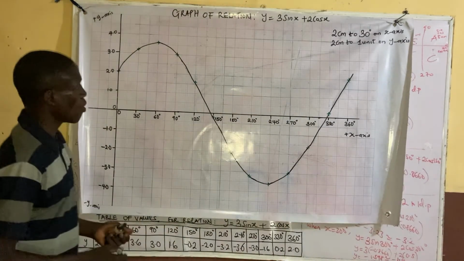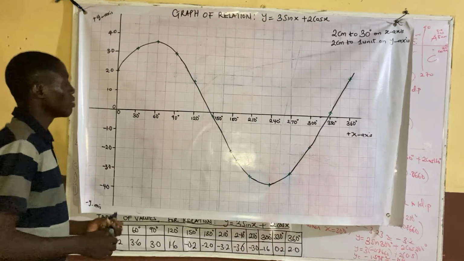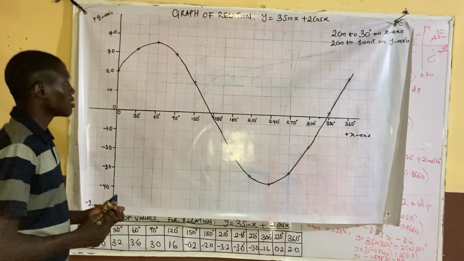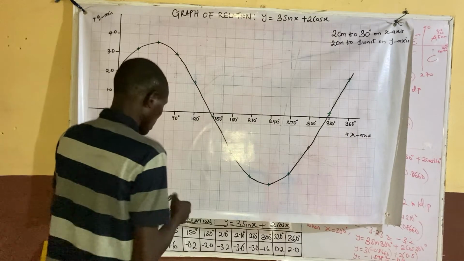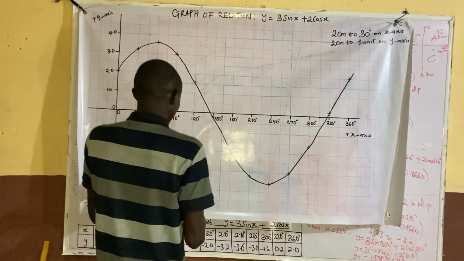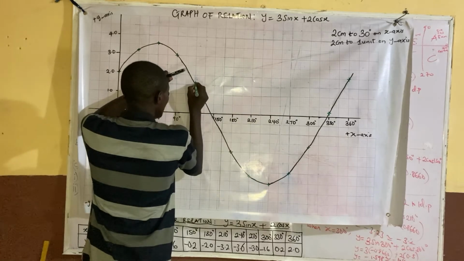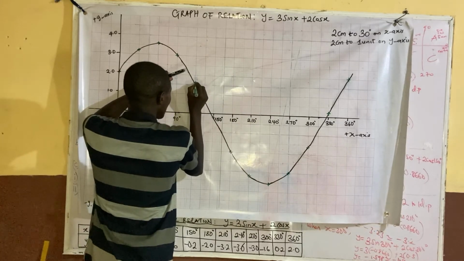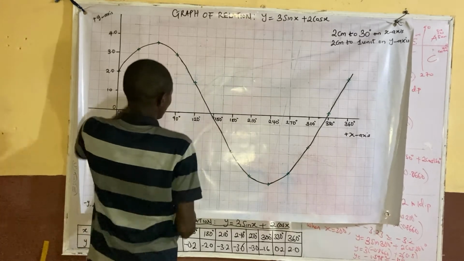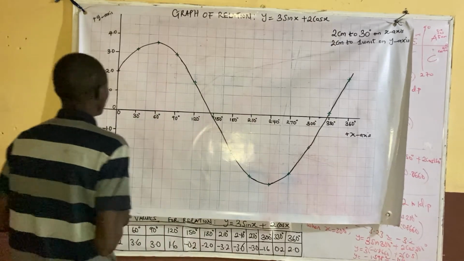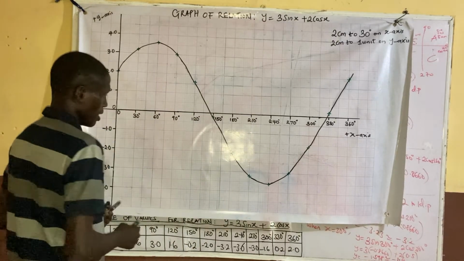So this is what we call the sine and cosine graph. So these are the points. So that is that about that.